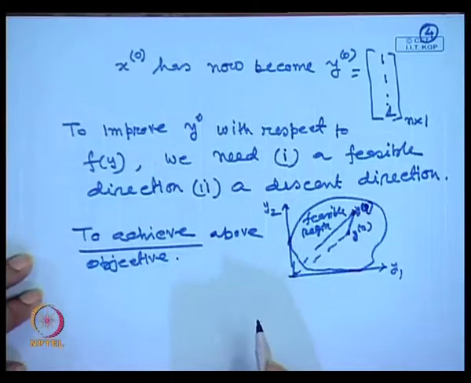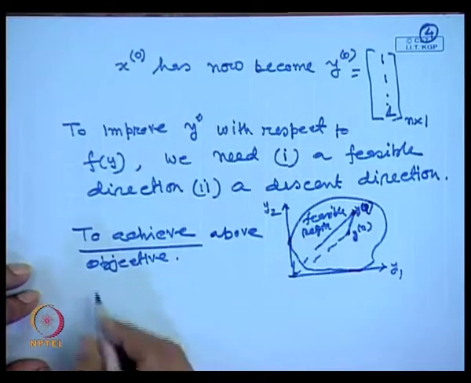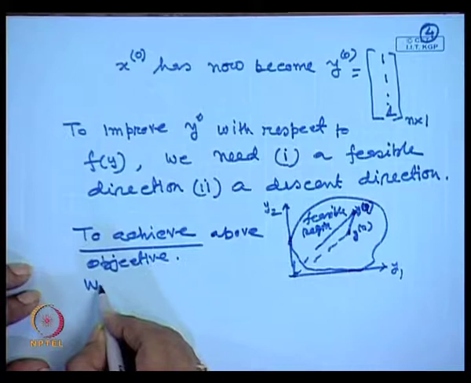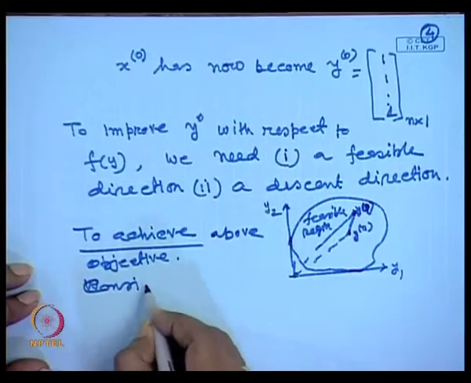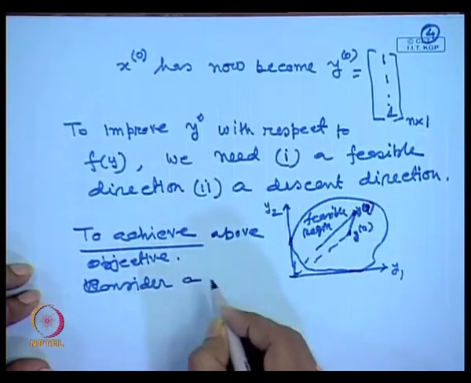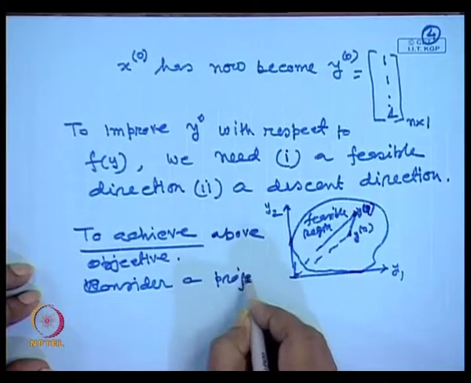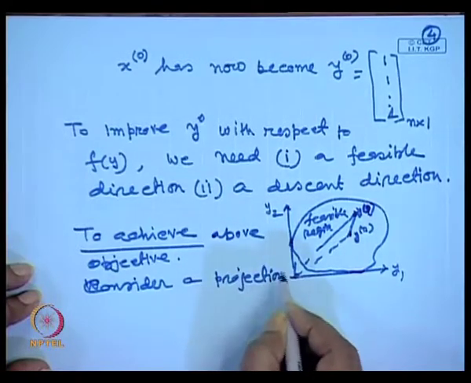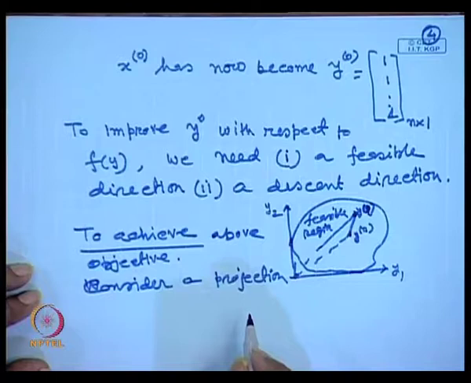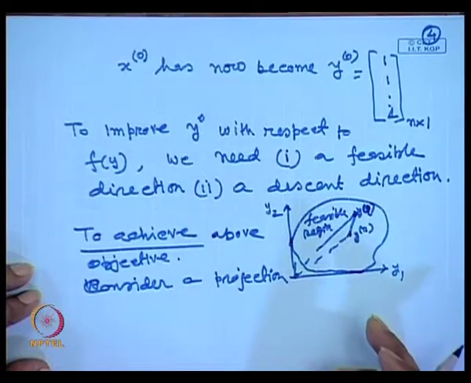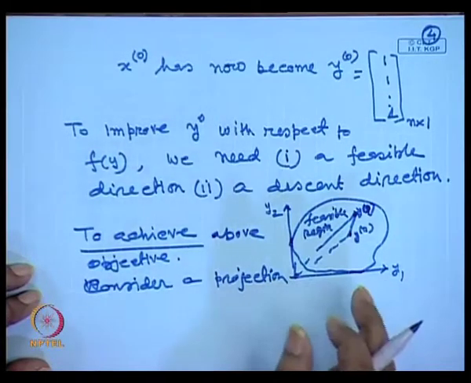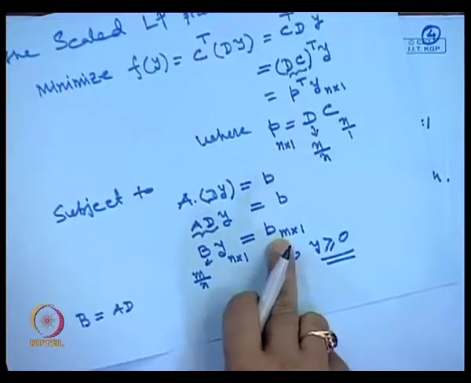To achieve the above objectives, what we did, we considered a projection matrix with the knowledge of our equality constraint in the transform domain. The equality constraint is B y is equal to small b.